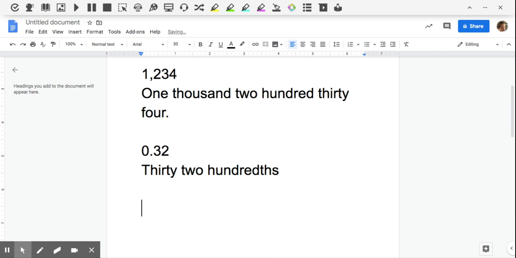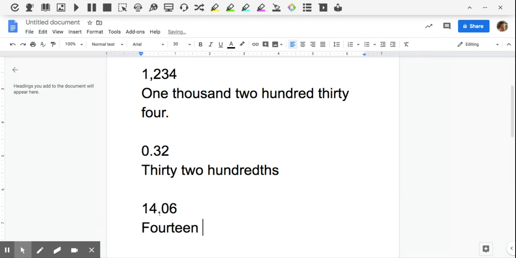Let's do another one. Okay, so we would say this number. It's slightly different, if you notice: to the left of the decimal, we have a whole number. So when we write this kind of number in word form, we say the number to the left of the decimal first. In this case, we have the number 14, so we're just going to write it just like we said it.